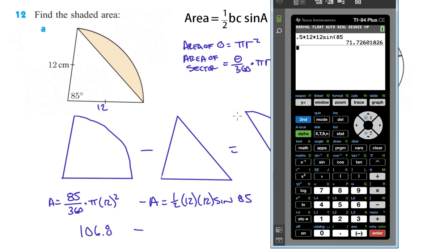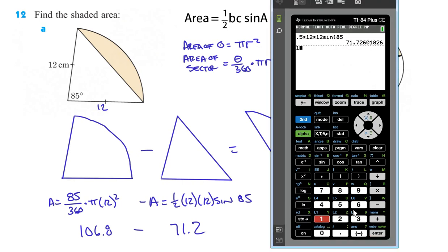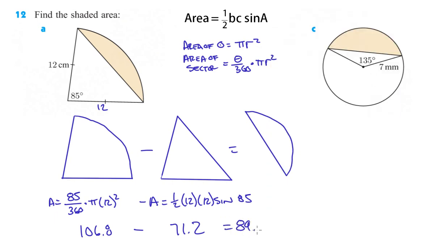And that gives us an area of 71.2. Okay, so when we subtract those two, 106.8 minus 71.2, we get a total shaded area there of 89.6. And that is going to be centimeters squared.